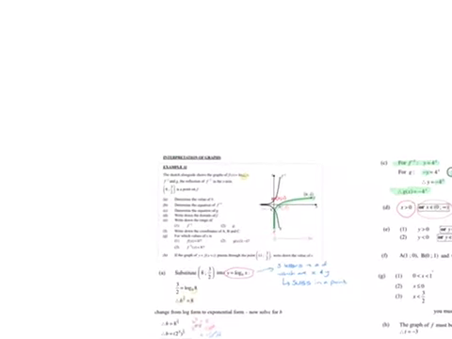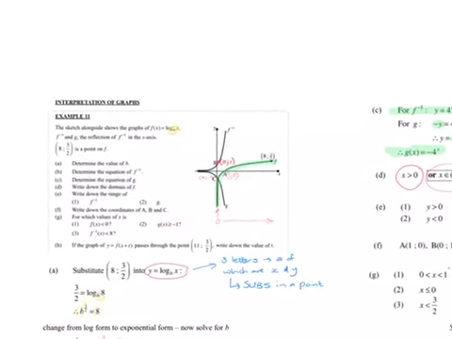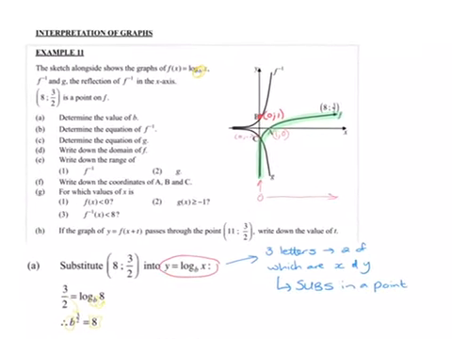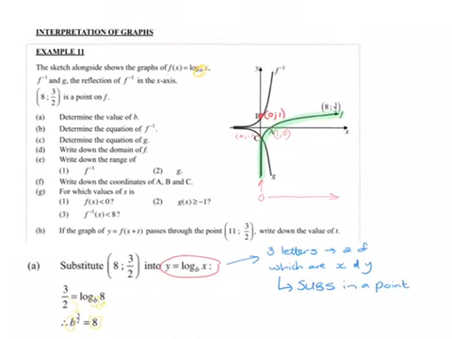Right, then for E. E says write down the range of f negative 1 and then the range of g. So let's look at f negative 1, your inverse graph. So remember, if your original asymptote was the y-axis, it means the inverse is going to be the x-axis.